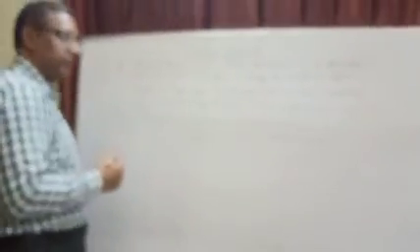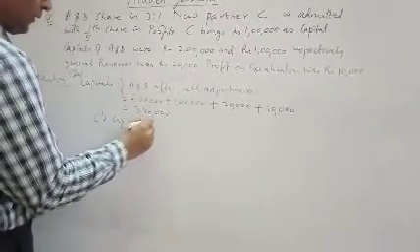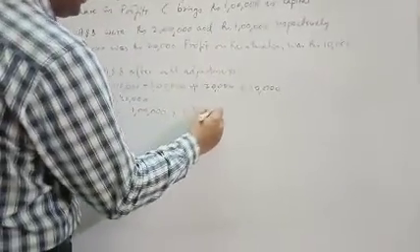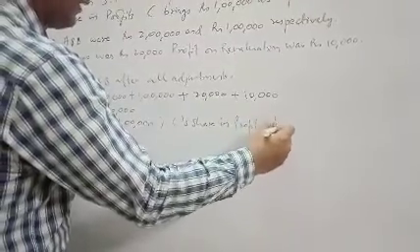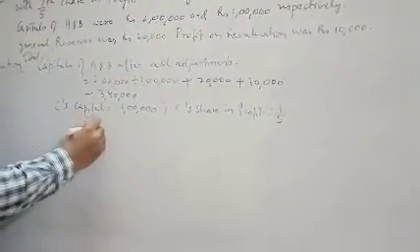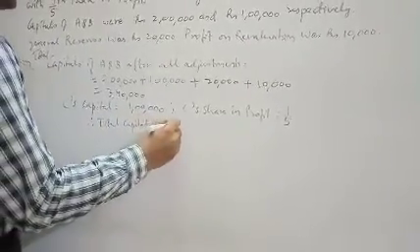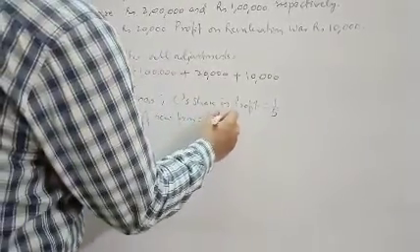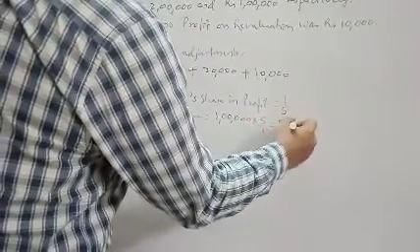Now we will follow the same procedure as in the previous illustration. C's capital is 1 lakh. C's share in profit is 1/5. Therefore, total capital of new firm will be 1 lakh into 5/1, that is 5 lakhs.